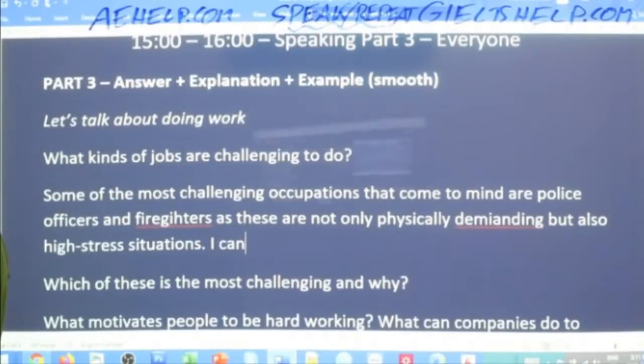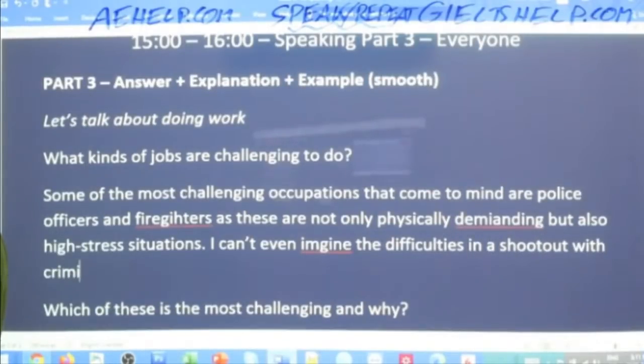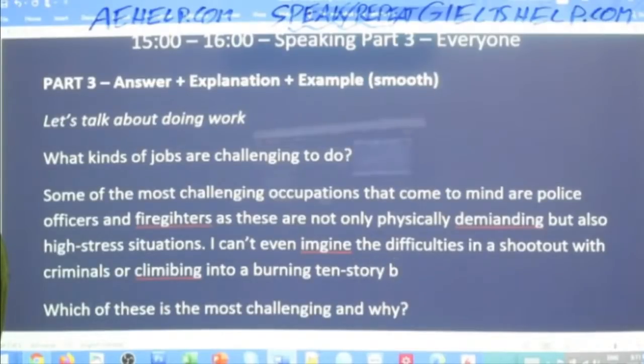I can't even imagine the difficulties in a shootout with criminals or climbing into a burning 10-story building to save a child.